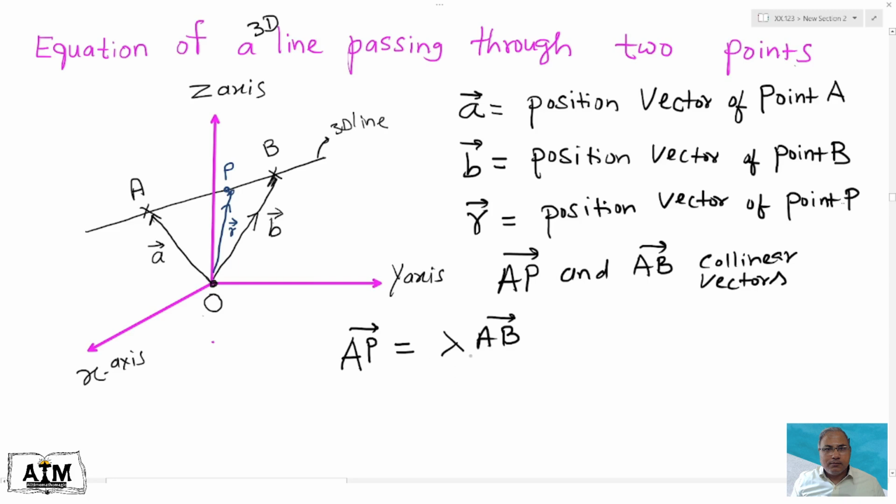To make them equal, we have to multiply one of the vectors by some scalar. Lambda is any suitable scalar value such that vector AP becomes equal to lambda into vector AB. Both vectors become equal, so that balancing number is nothing but lambda. It is a scalar multiple.